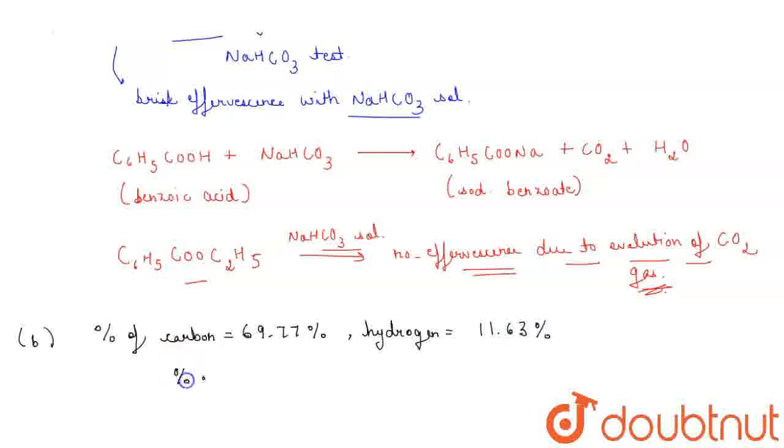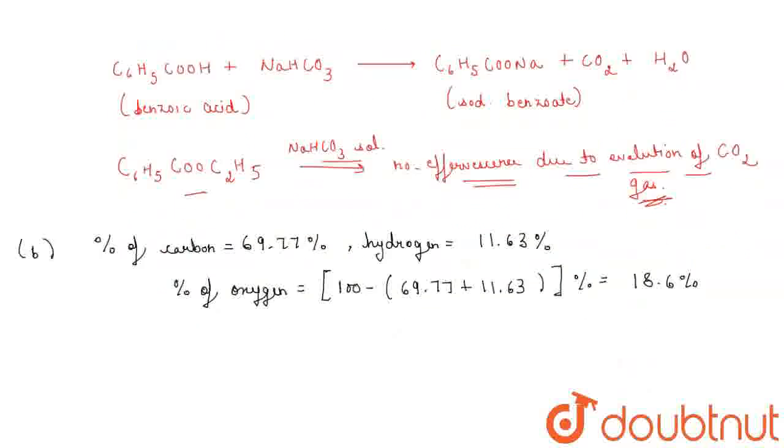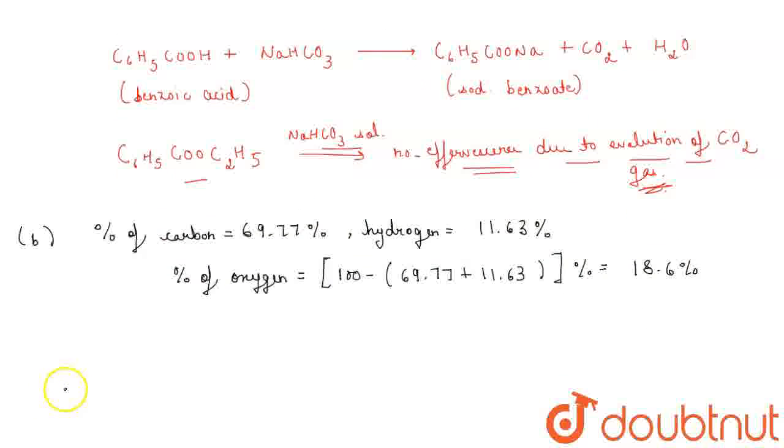Now the percentage of oxygen will be 100 minus (69.77 plus 11.63), which will give 18.6%. Clear?